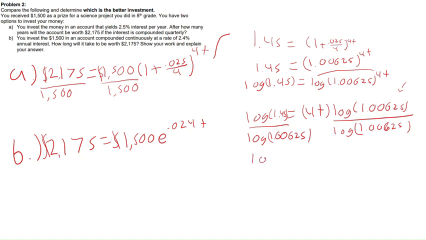So now we're left with log 1.45 over log 1.00625 is equal to 4t.